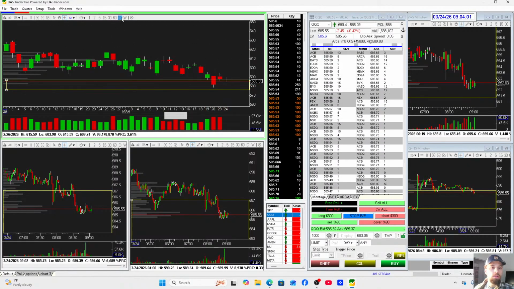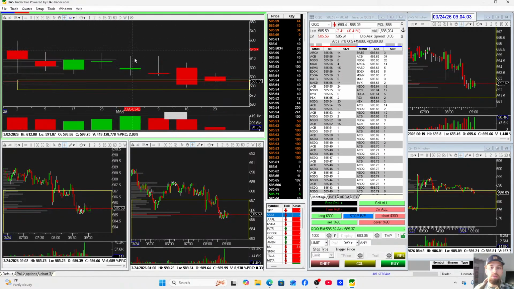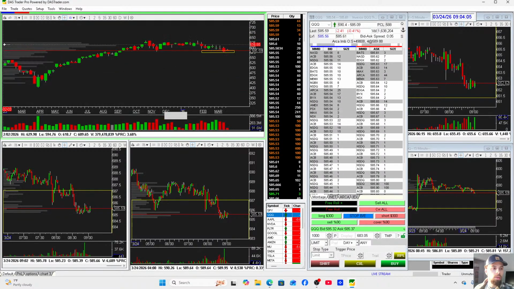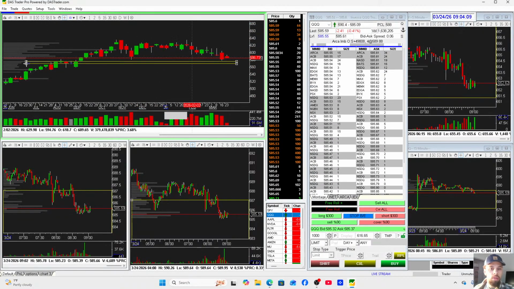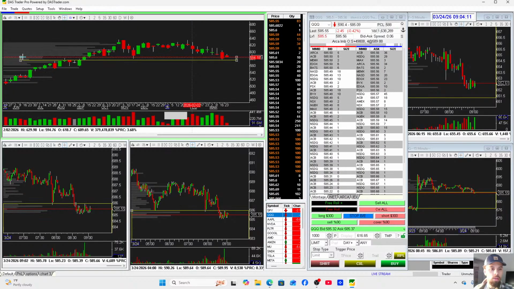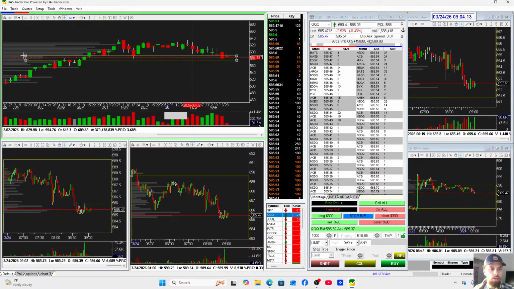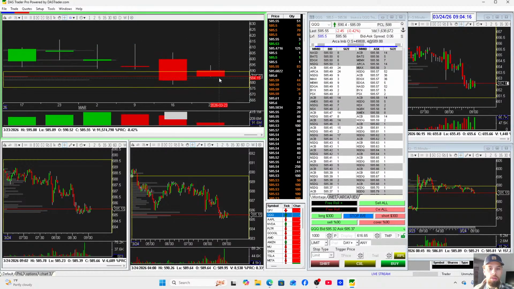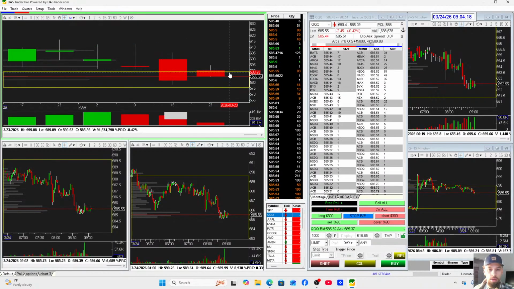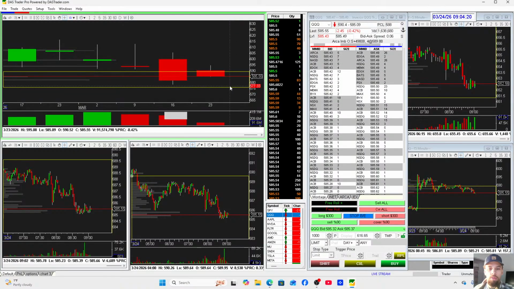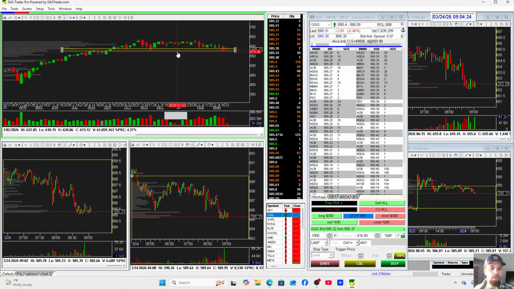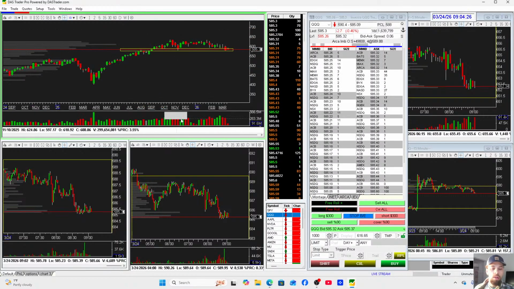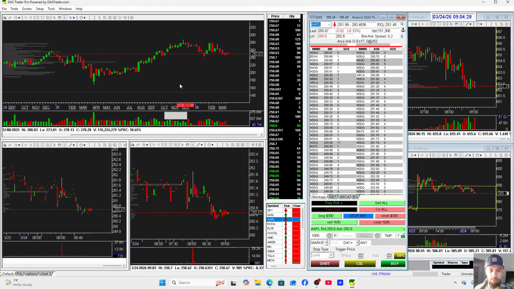Alright, just figuring out the support resistance area for Qs. Zoom out a little bit. Stretch this out. Yeah, we're gonna go right there with it. 590 for resistance, 576 for support. Okay, that looks good.